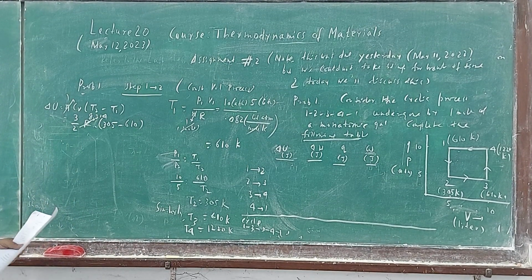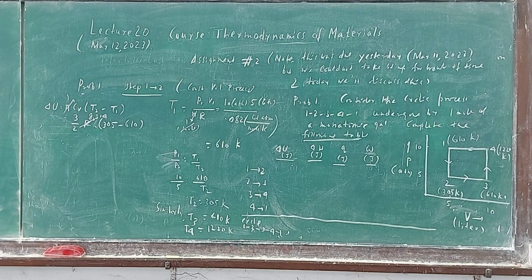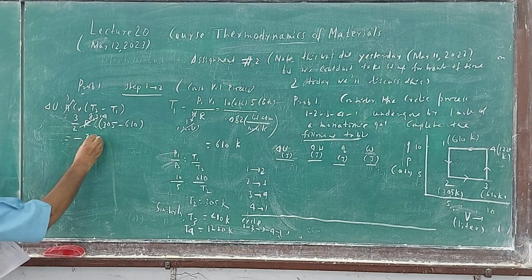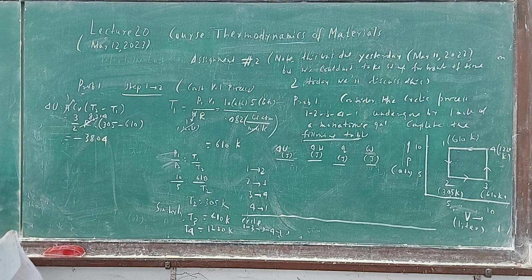If you do this, I have to take help of this piece of paper, otherwise it will take time. Minus 3804. You just compare your answers. Minus 3804 joule, okay.